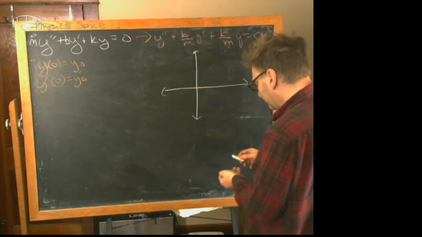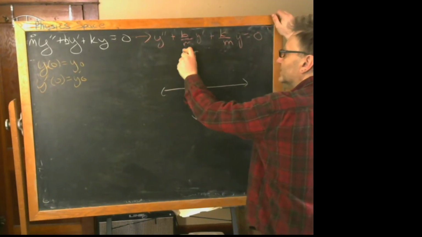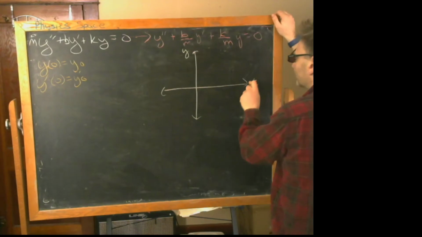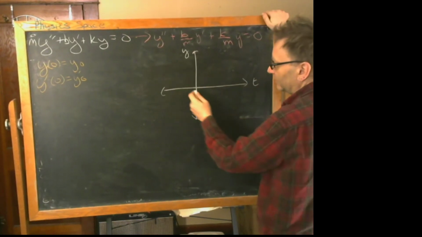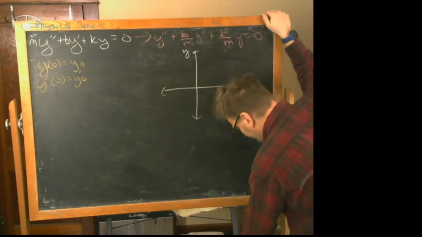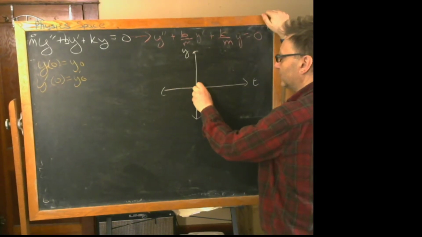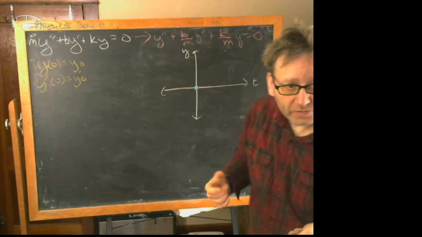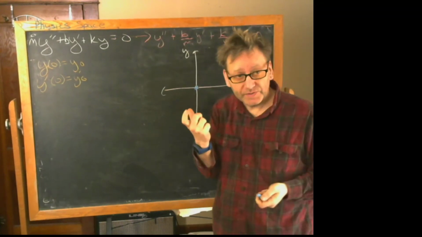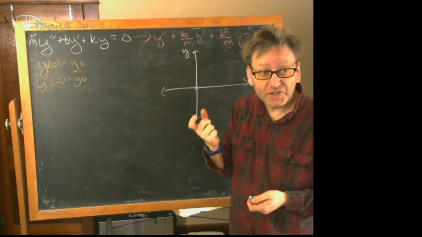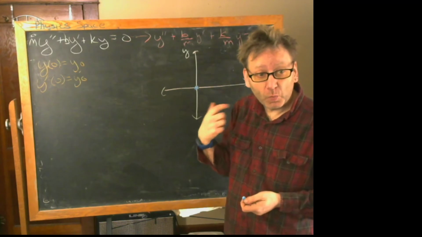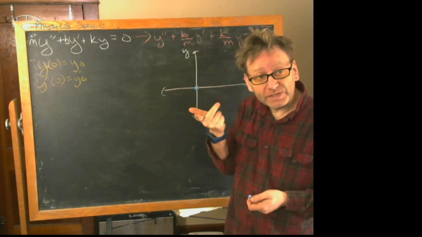If I'm looking at position versus time, and for now we'll say we're starting at the origin, I have an initial place here. Well, for first order differential equations, I could take the first order differential and say that was the slope, and that would tell me where the next positional piece would be.